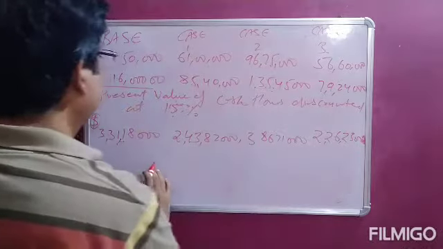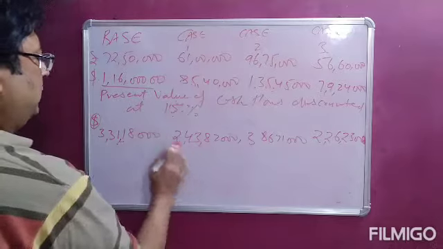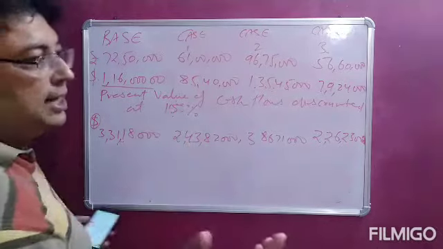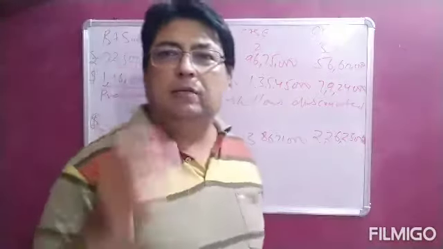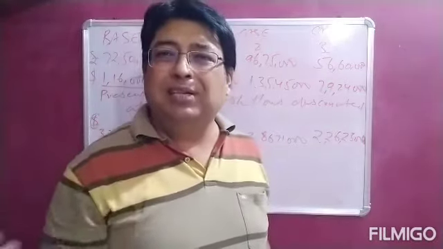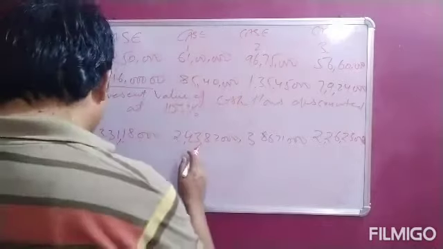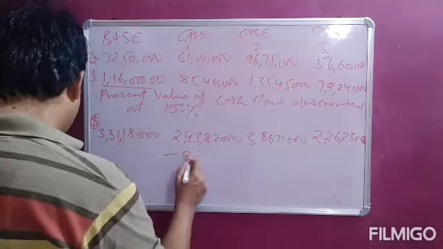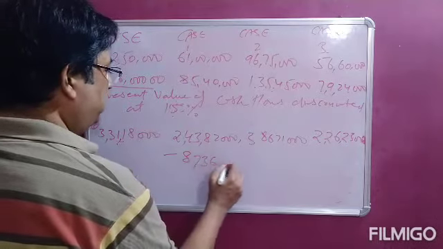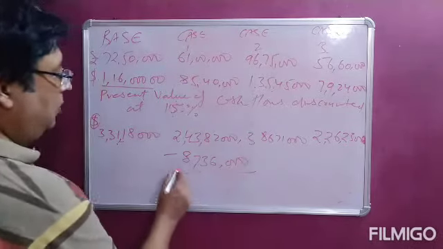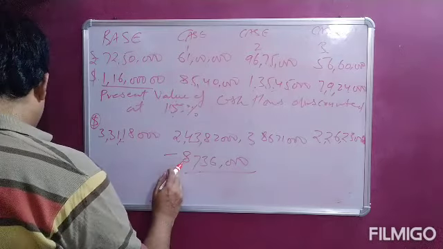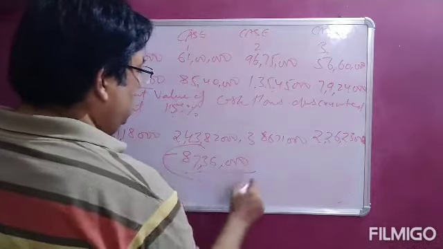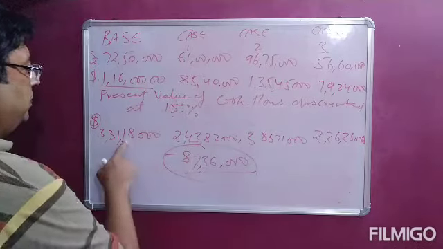Now compare them with the base case. In case 1, you see the present value of cash inflow when we assume that there is a depreciation in the value of the pound from 1.6 to 1.4, we are going to have a negative operating cash inflow. It is 87 lakhs 36,000 of negative cash inflow in comparison to the base case.